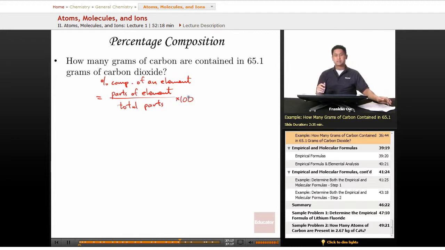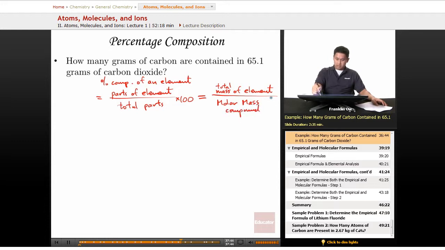It basically tells us the relative amount that a specific element makes up of the compound. And so the equation that we actually use is going to be the total mass of the element divided by the molar mass of the compound. All of that times 100.